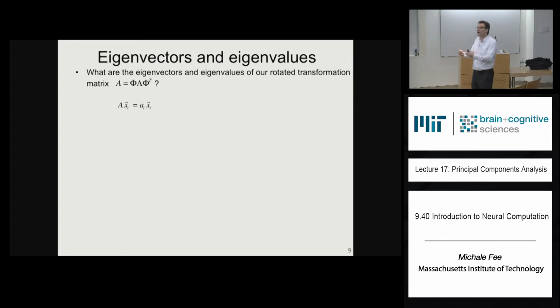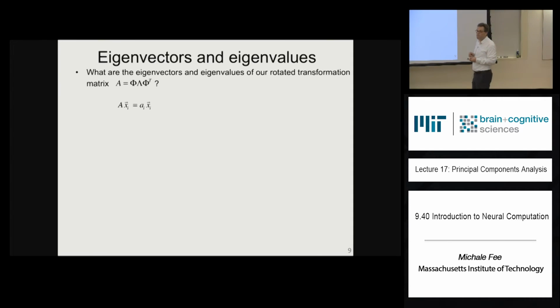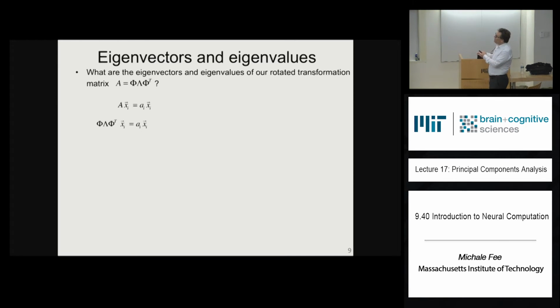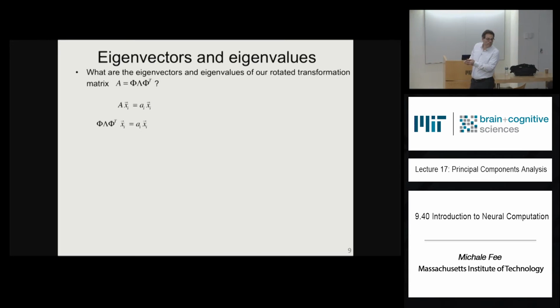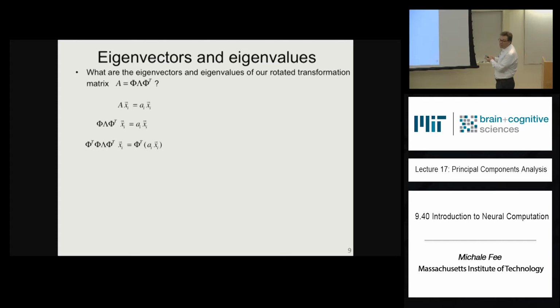So we're asking what the eigenvectors are of this matrix A that we've constructed in this form. What we're going to do is replace A with this product of three matrices. We're going to multiply this equation on the left side, on both sides, by phi transpose. So phi transpose times this is equal to a, x, times phi transpose on the left.